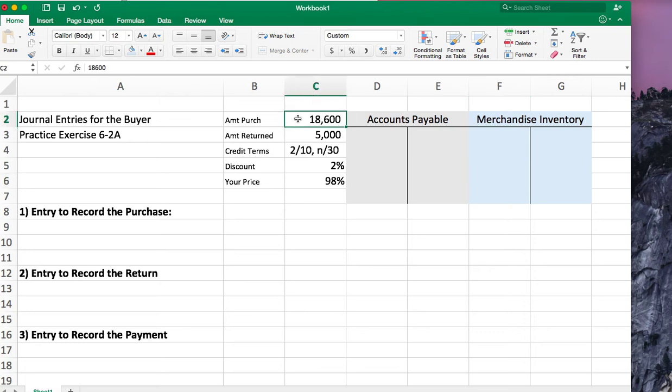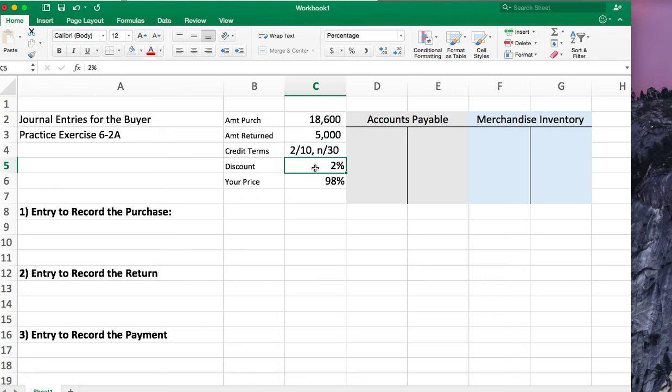The retail price of the original purchase is $18,600, and then we return $5,000 worth of merchandise. The credit terms are 2/10, n/30. That means that I can save 2% if I pay within 10 days, or the full amount is due in 30 days. So the discount is actually 2%.